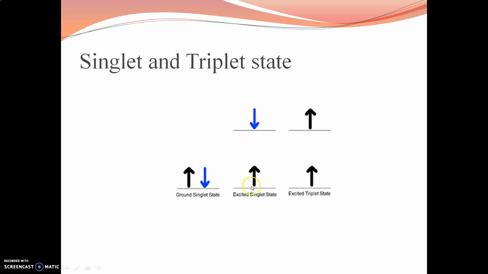Since it is excitation, this state is the excited singlet state. But on absorption of light, if it goes to the excited state with reversed spin, both the electrons are in the same spin, which is not so stable for the electrons in that atom. This is termed as triplet state, and since it is an excited state, we term it as excited triplet state. So singlet is the opposite spin and triplet is the same spin.